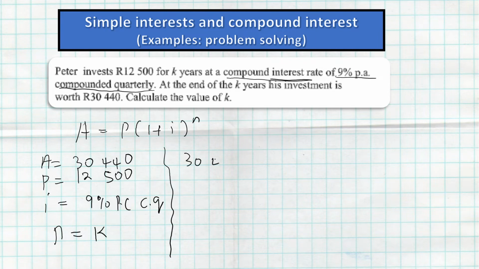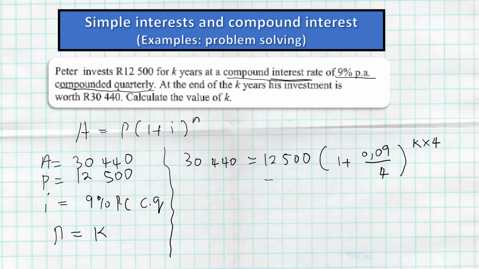So it will be 30,440 is equal to 12,500 into 1 plus the interest, which is 0.09. Because it's compounded quarterly, we have to divide it by 4, to convert it into quarterly interest. Our number of years is K, and because this is compounded quarterly, the exponent will be K times 4. Okay, so now we can go and solve for K.